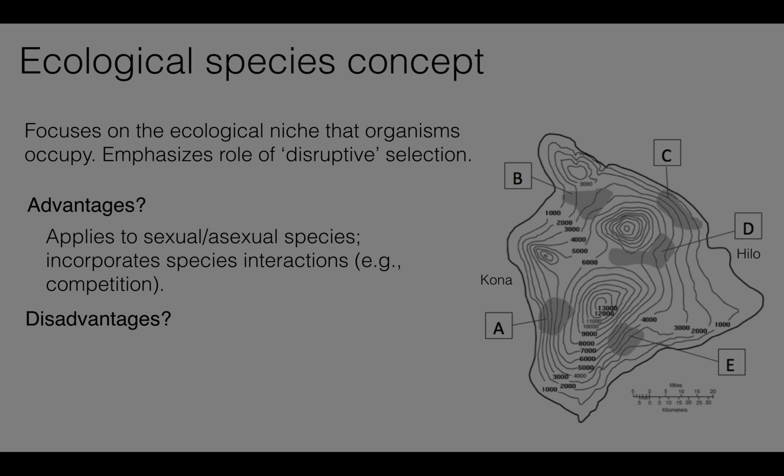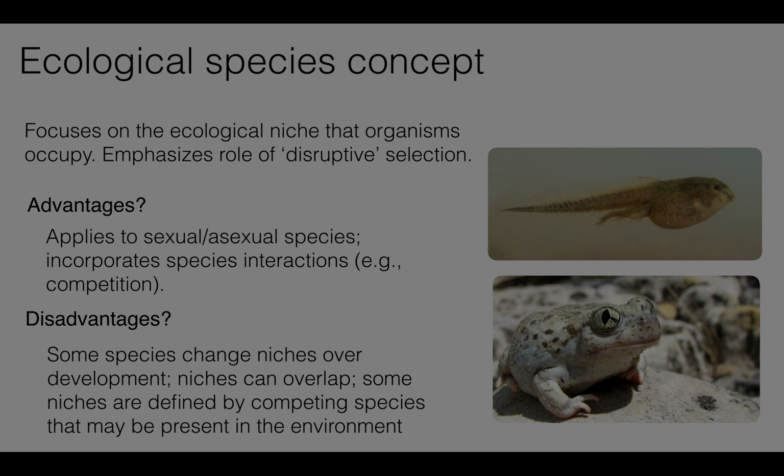So the advantages here: this applies to sexual or asexual species. It also incorporates species interactions, things like competition, which are thought to be major drivers of speciation. Some disadvantages include that those niches, those environments in which a species occurs, can change over the course of development. Just think of a frog, which lives in an aquatic environment as a tadpole and then metamorphoses into an adult that lives on land.